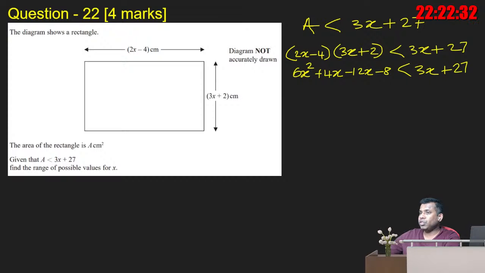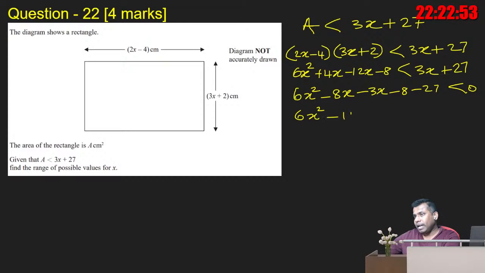Now 6x squared, 4x minus 12x is minus 8x, and the 3x coming to this side, so minus 3x, minus 8 minus 27, less than 0. So the final expression is 6x squared minus 11x minus 35 less than 0.